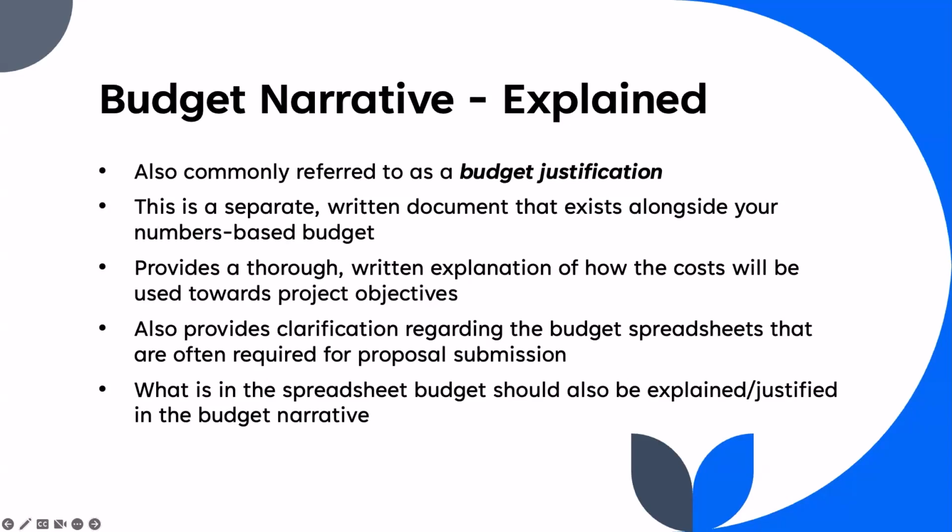This is one thing I would highly advise you to do when you're constructing your budget narrative. I would have someone who's not connected to the proposal, in addition to those who are connected, read side by side the budget narrative, what you've written, and what you're requesting as far as the numbers side of it in the budget Excel spreadsheet.